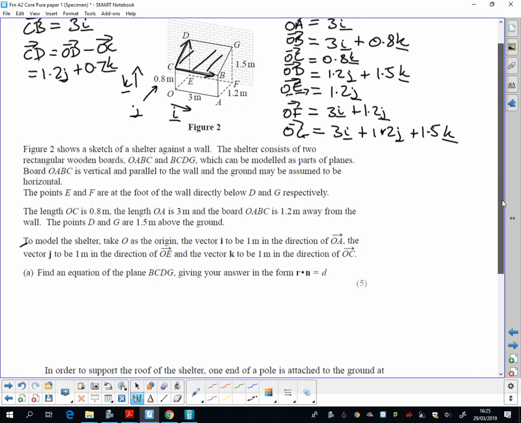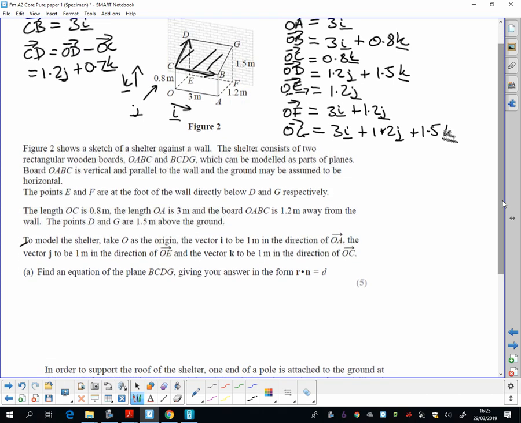Okay, so if I call my normal vector A, B, C, for example, then I want to find one such that CB dot n equals 0, because I want the perpendicular, and CD dot n equals 0.